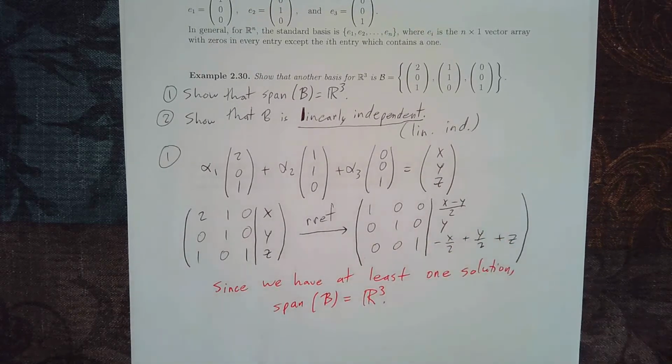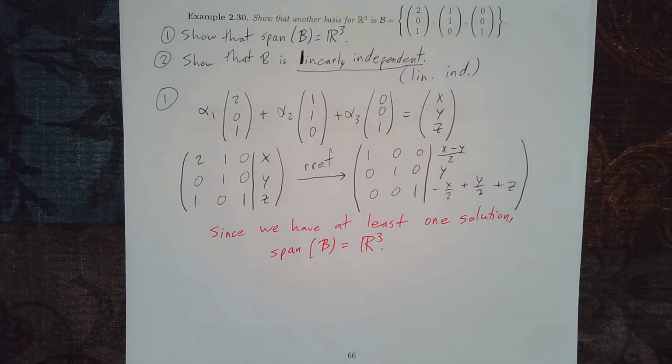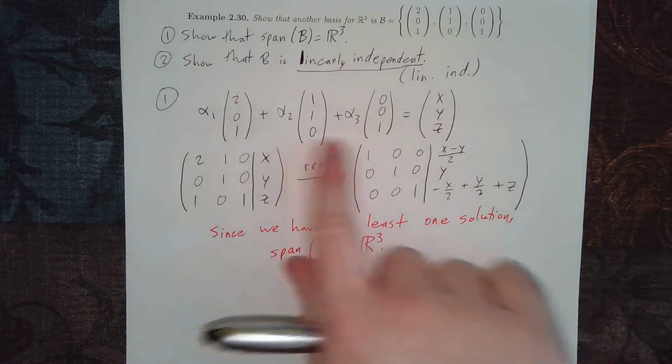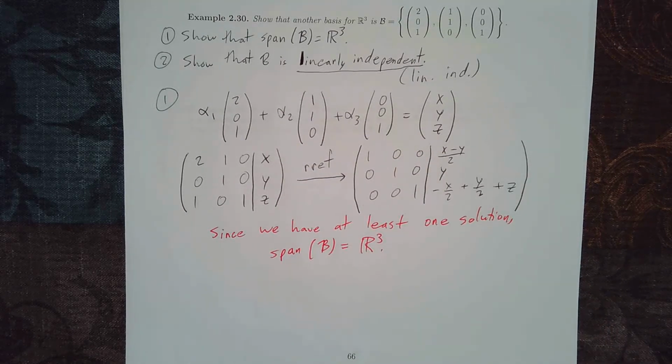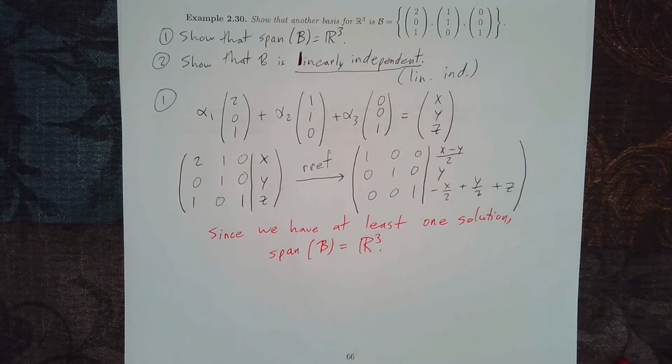And so this just comes from our discussions about span, the span of a set and how to get a vector space. So since we got a solution here, we're able to say that this set is a spanning set for R3.